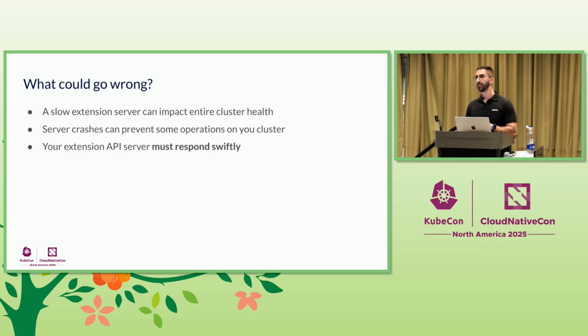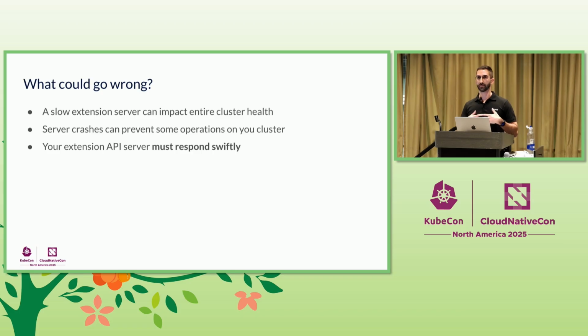So let me be very clear about the risks. You can impact the entire cluster if you're doing silly stuff, and it's very easy to do that. Since you're running critical infrastructure, your extension API server must respond quickly, and things like server crashes can prevent operations from happening, like namespace deletion.